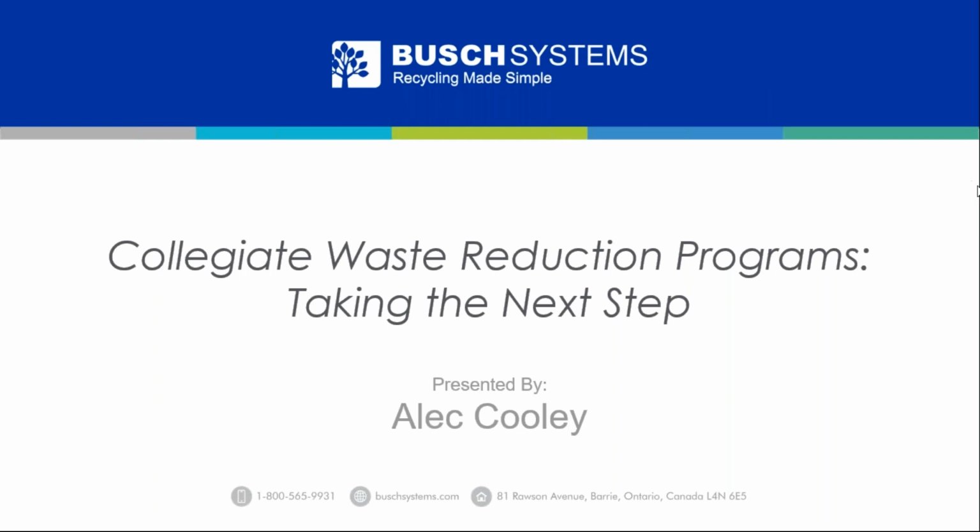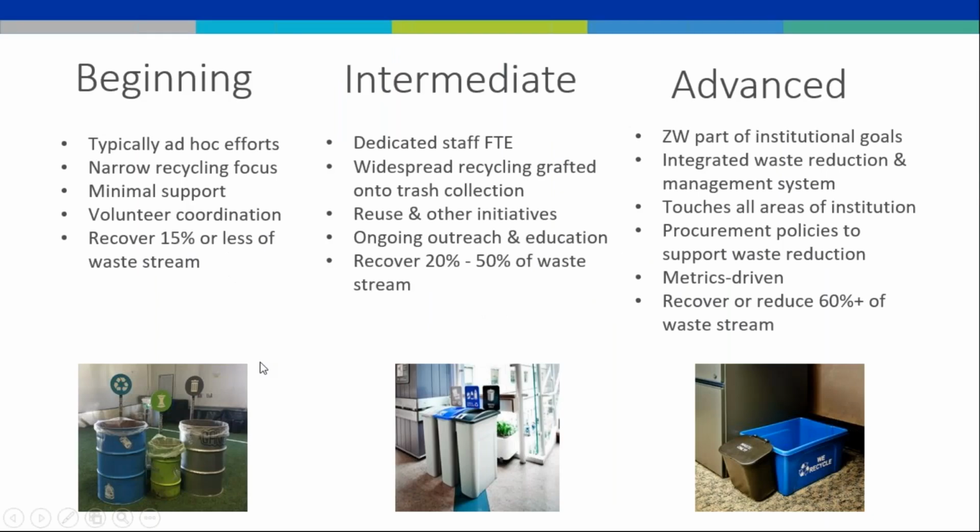Good. So what I'm going to talk about today is I'm going to focus on two areas. Again, specific to colleges and universities, but some of this is going to apply universally as well. What I want to talk about first off is, on a macro level, what it takes to move a collegiate recycling program from a beginning stage to intermediate, advanced.